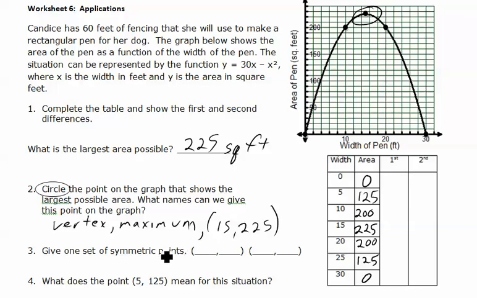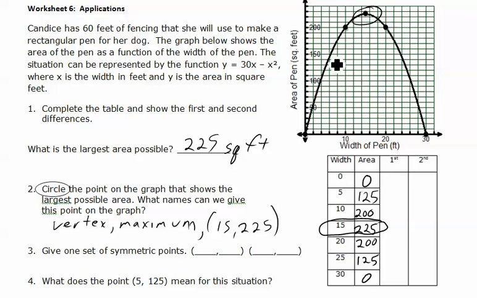All right, so for our symmetric points, remember our symmetric points are 2 points that are the same distance from the vertex. So if the vertex is 15, 225, this is 5 less, and this is 5 more, and look, they have the same y value. The same thing here, 10 and 20 have the same y value. It's going to be true anywhere we go down here.